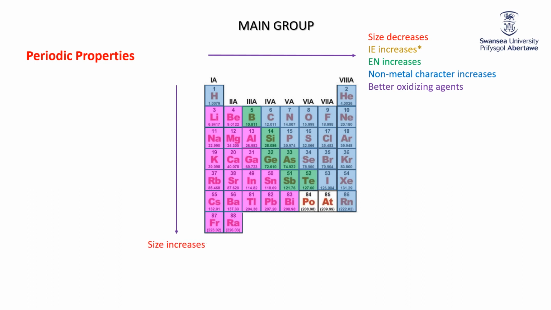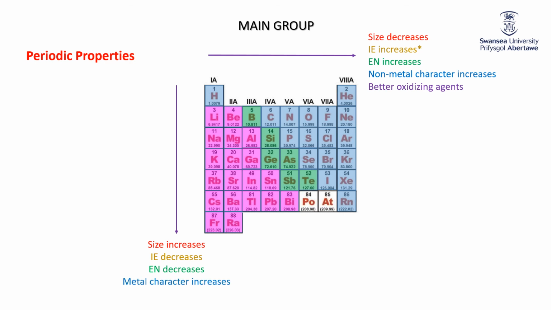same trends. Size increases because you're going from one shell to the next shell to the next shell. Ionization energy decreases the further away the electron is from the nucleus, and the more shielding it experiences, the easier it is to pull the electron away. Electronegativity decreases.